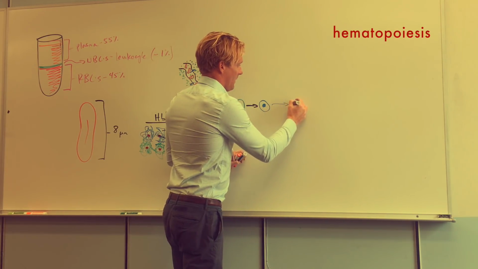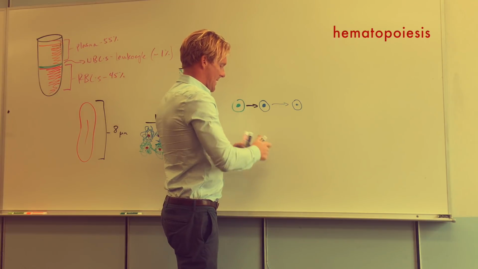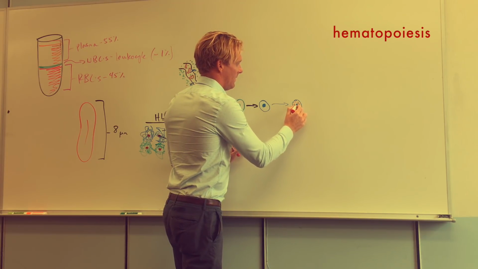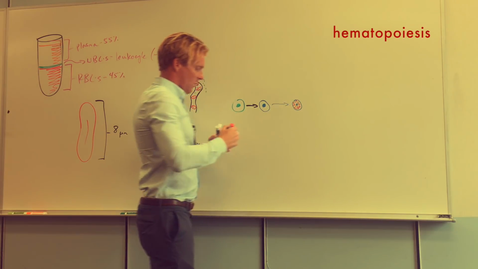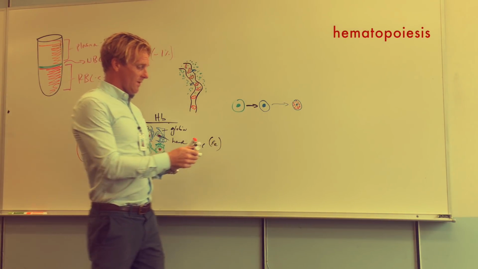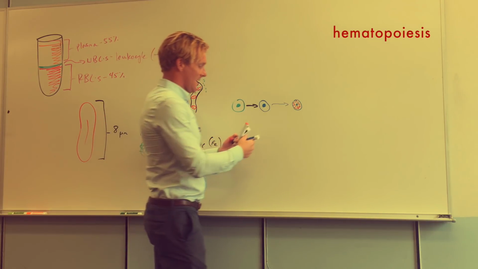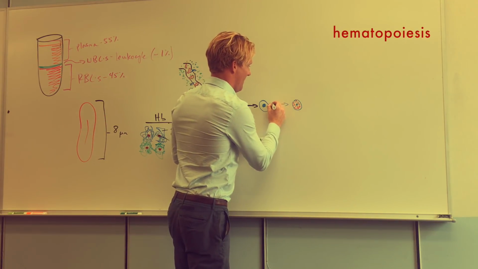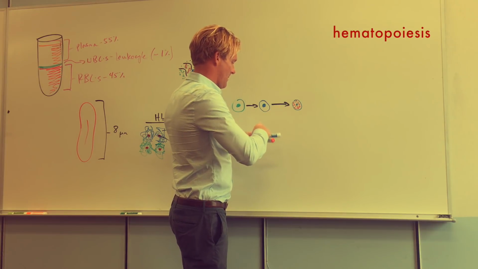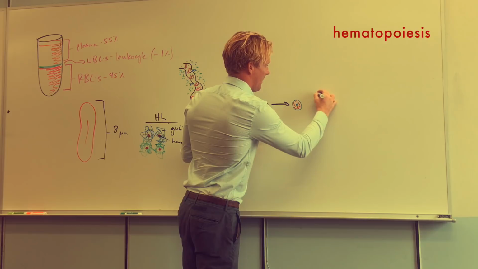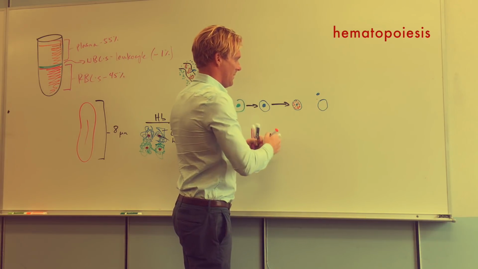So eventually, hemoglobin will collect inside this young erythroblast, right? When he's collected enough, what will happen is that the erythroblast ejects its nucleus and all the organelles, and now what you have is a bag of just a cell membrane that contains nothing but hemoglobin.